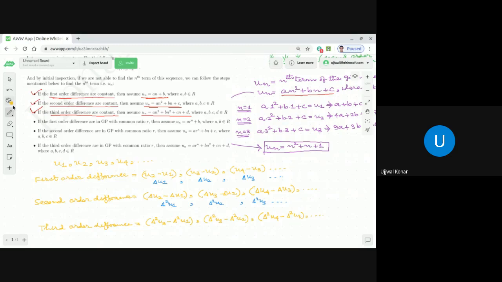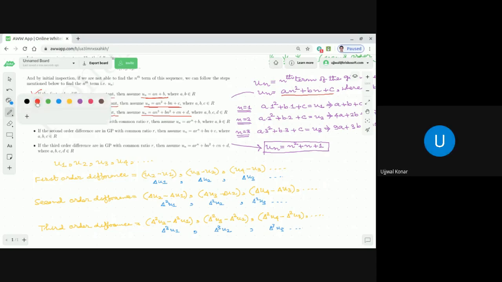We can name this third order difference as delta cube u1, then delta cube u2, then delta cube u3, and so on.